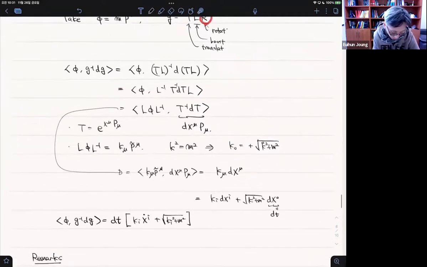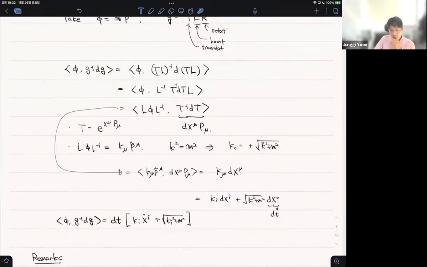So if we completely integrate over G, then there will be redundancy from the stabilizer part, so probably we need to divide by the volume of the stabilizer. Probably that will be related to it, but I don't know precisely. Thank you.